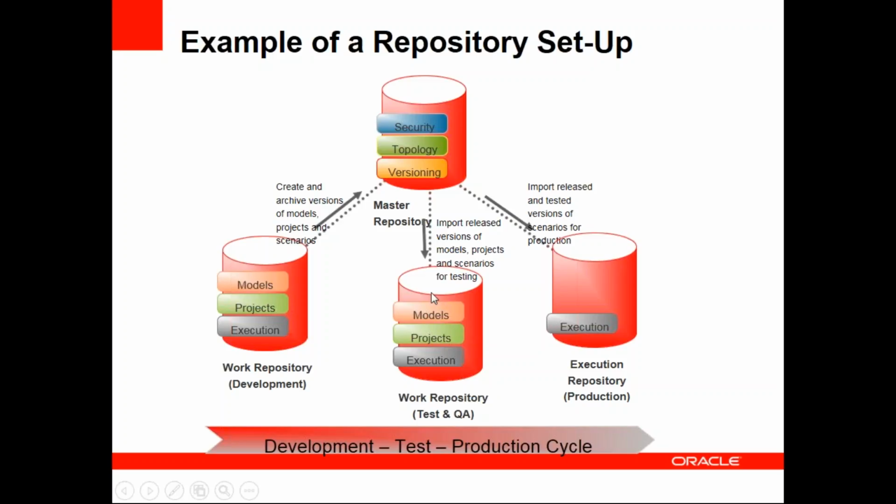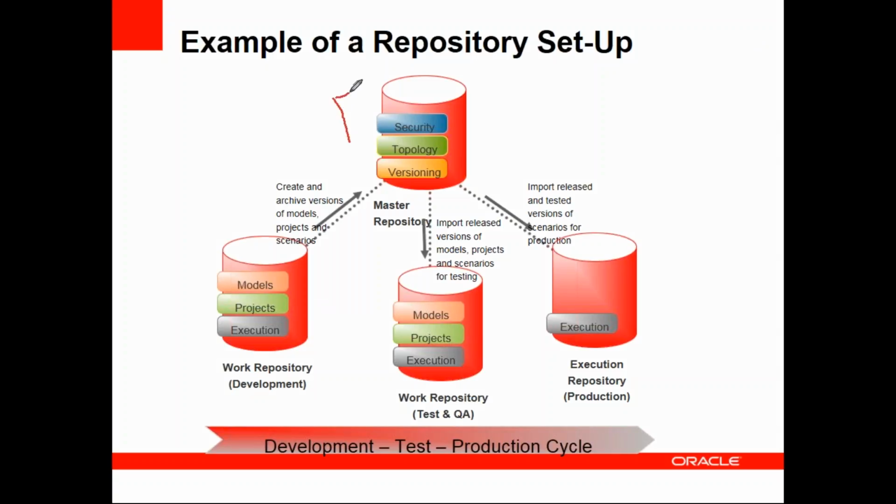If the master repository is common everywhere, there is no need to export this. If it's not common, we export the master repository work into the next environment, QA. And if you don't have the same master repository in production, we need to again export all this security, topology, and versioning.